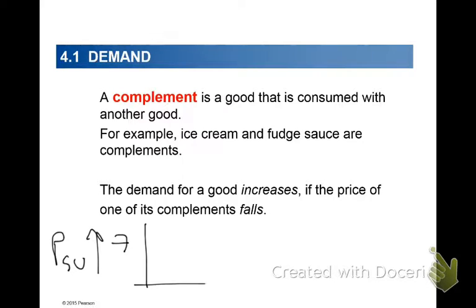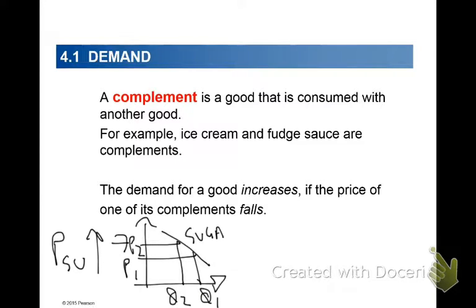If the price of sugar goes up from P1 to P2, quantity demanded for sugar goes down. That's okay. Now we want to understand how the price change of sugar affects our demand for coffee.